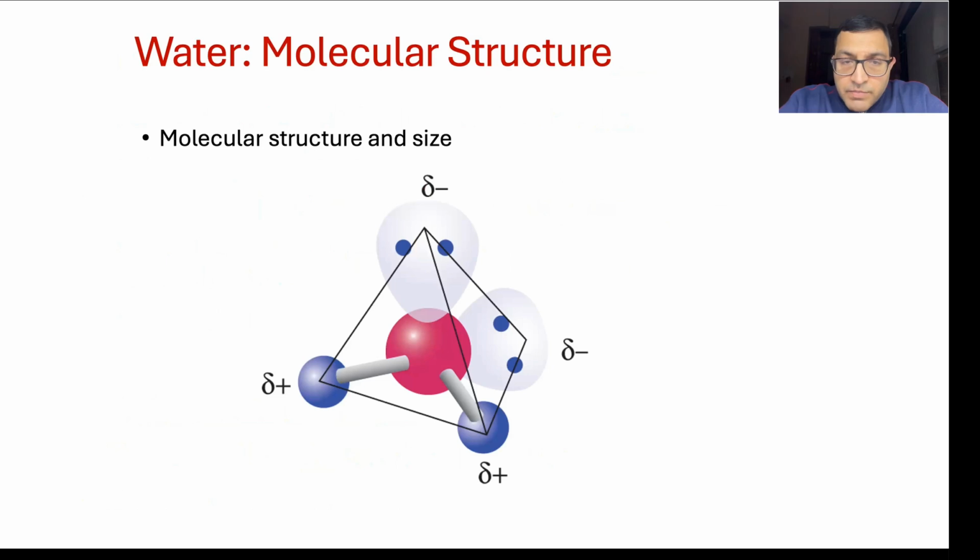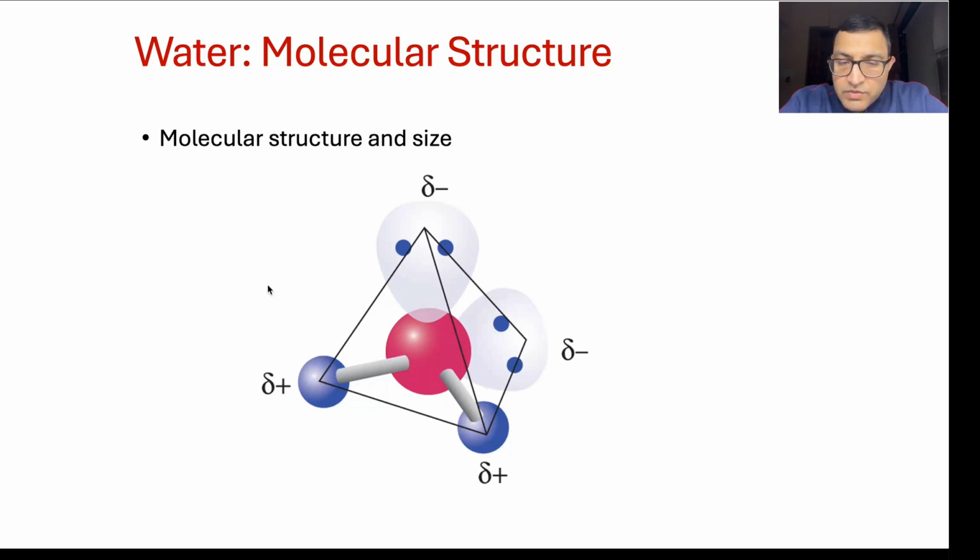So here is the bare bones structure, the molecular structure of water, H2O. The water molecule has two hydrogen atoms and an oxygen atom. So what you see here is this in the middle.